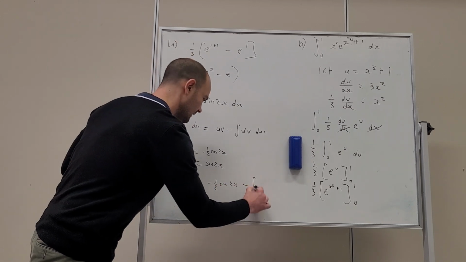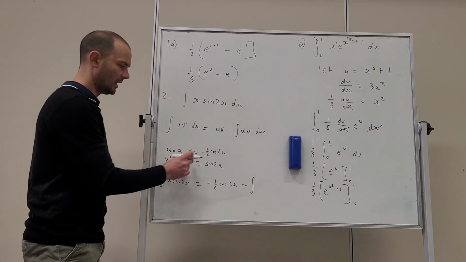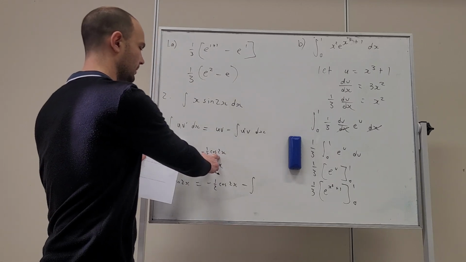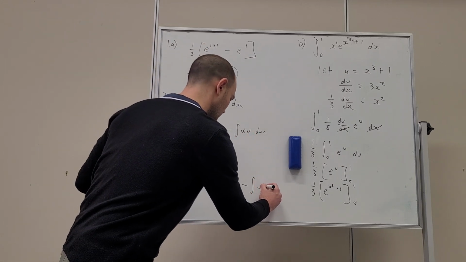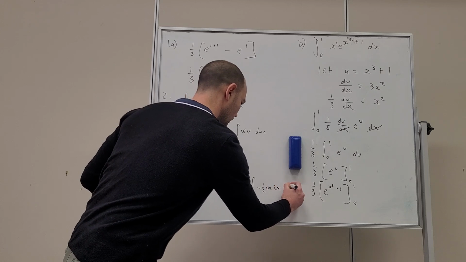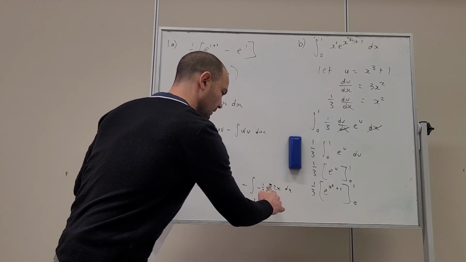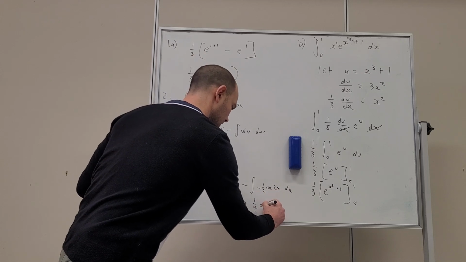Take away the integral of u dash v. So now we have 1 multiplied by some function. All right, and that's nice and easy for us to integrate. That gives us plus a quarter integral of cos 2x.